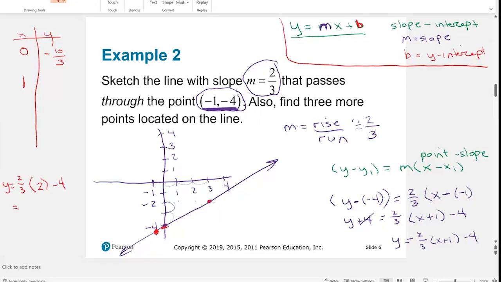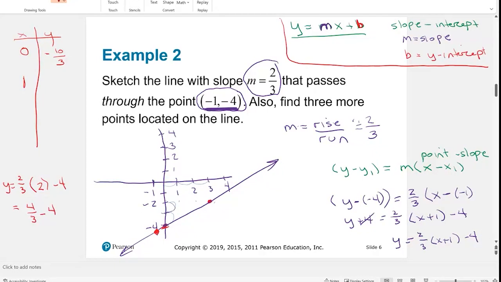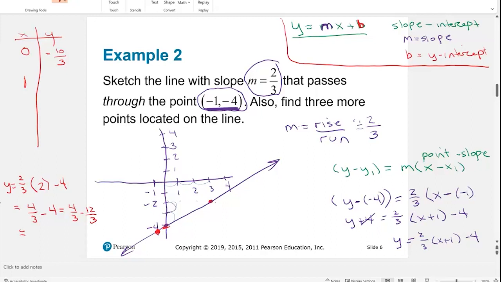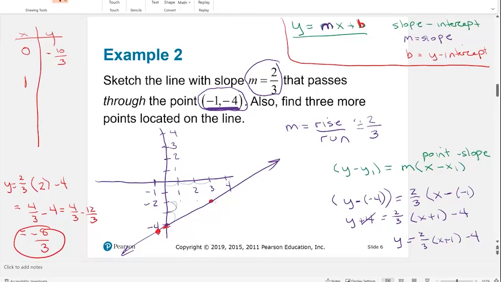So this equals 4/3 minus 4. Again, I'm going to turn this into a common denominator. So I'm going to make 4 into 12/3 by multiplying by 3/3. And I get y is equal to -8/3. So when x equals 1, y equals -8/3.